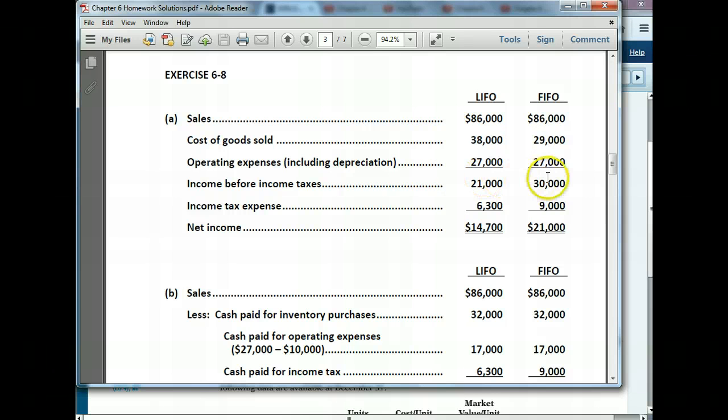After your operating expenses, you've got your net income. You take a 30% tax rate to show the true net income. The difference between FIFO versus LIFO is a difference of about 60,300. See how that plays out? That makes sense, guys?